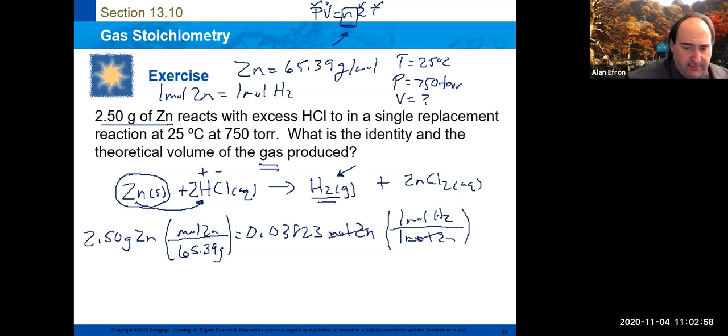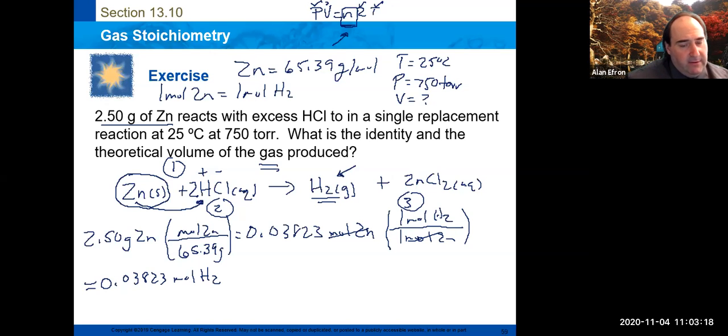That's going to cancel the moles of zinc and leave us 0.03823 moles of H2. Hopefully you can see the same 3 basic steps here: balance the equation, convert to moles, mole to mole relationship.